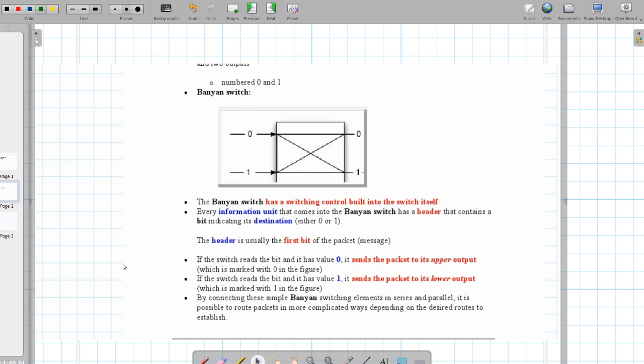And it goes here: every information unit that comes into the Banyan switch has a header that contains a bit indicating its destination, either 0 or 1. So here is the solution to the problem.